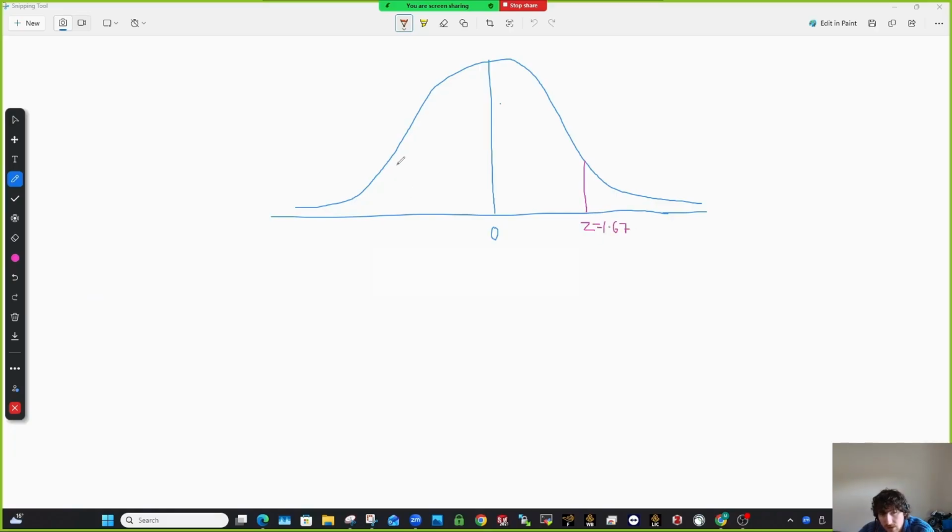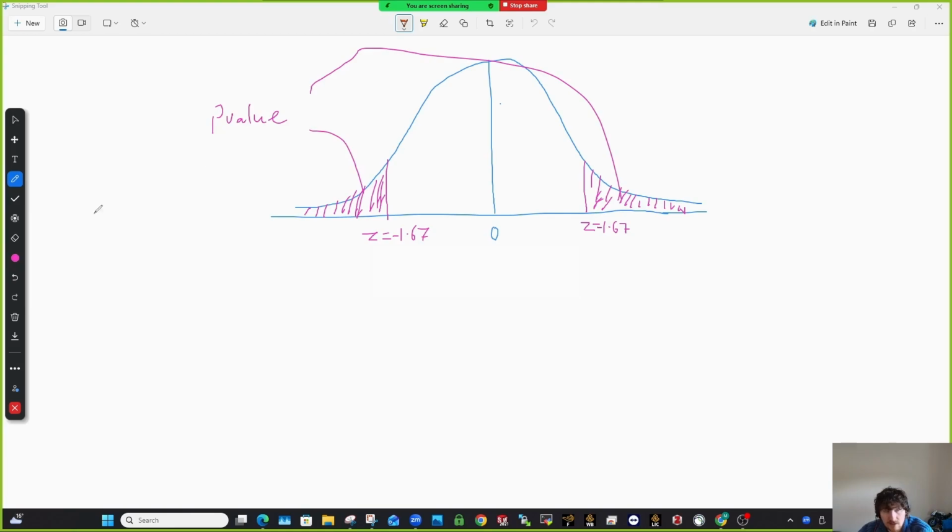Do you remember we got that? So what the p-value deals with is its mirror as well down here, minus 1.67. The p-value is this area here. The p-value is the area outside of your test score that you work out in the question. So those two pink areas added together, when you add them up, that is the p-value.